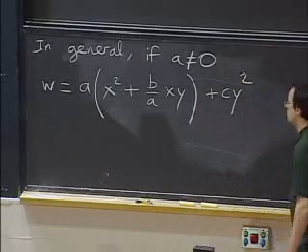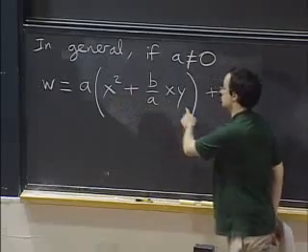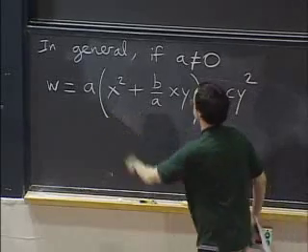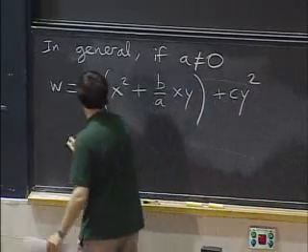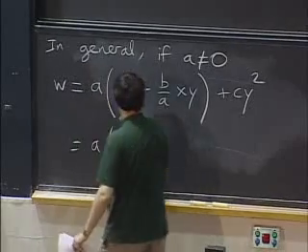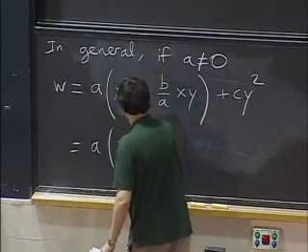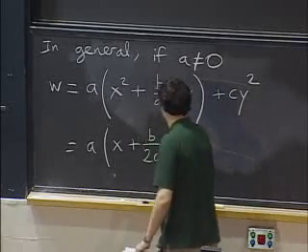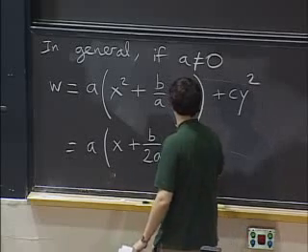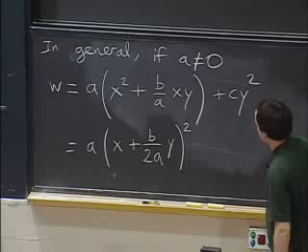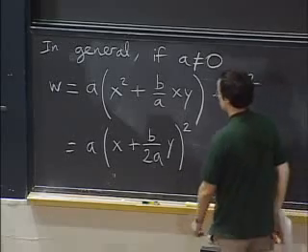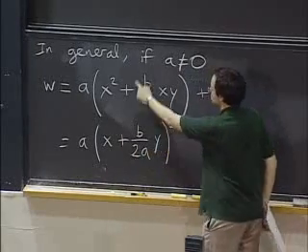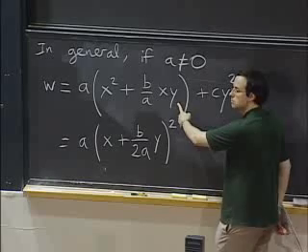And now this looks like the beginning of the square of something, just like what we did over there. So what is it the square of? Well, you'd start with x plus, I claim, b over 2a times y, and I square. Then the cross term, 2 times x times b over 2a y, will become b over a xy.